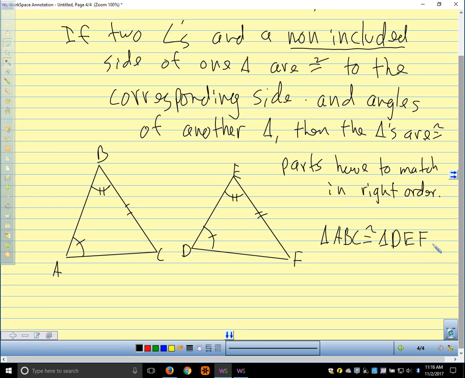And our parts are all in the right order. And what I mean by that is the 2 tick mark side is next to the 2 tick mark angle. If one of these 2 tick mark sides was down here, that would be in the wrong order. They wouldn't match up in the same order. So this is what we call an angle-angle-side.